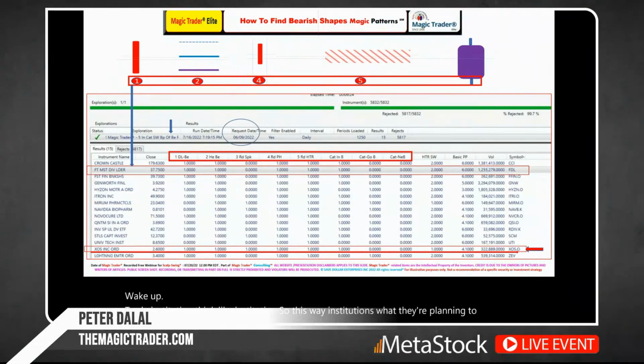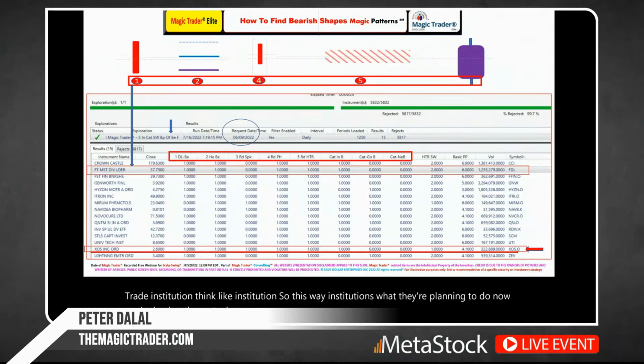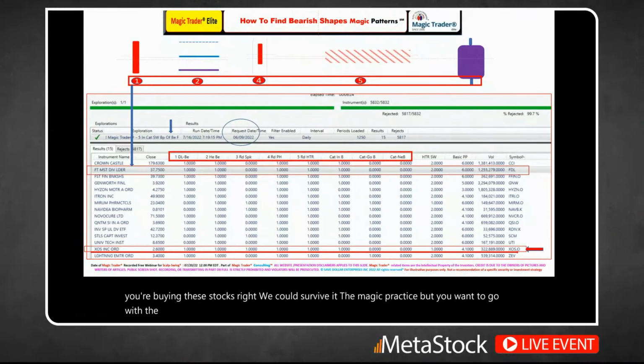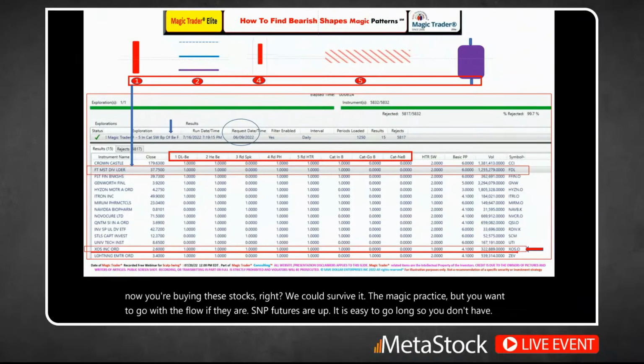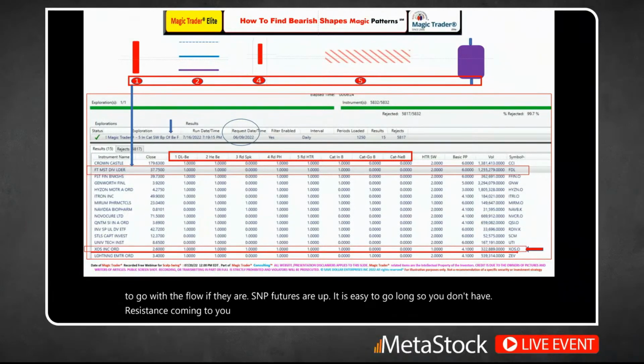Now you're buying the stocks, right? We could survive with the Magic Trader. I have enough practice, but you want to go with the flow. If the S&P futures are up, it is easy to go long, so you don't have resistance coming at you. However, we don't care. It works in any market, right? And you could find opportunity on both sides. So I like to create trouble for myself, and I know how to make money out of it.